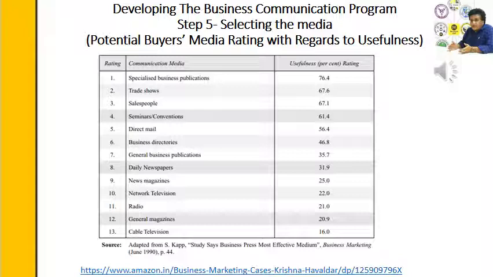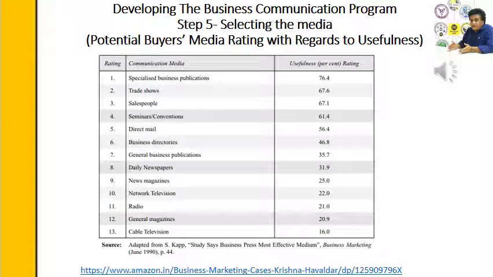It has got 76% rating. Trade shows 67%. Direct mail 56%. Business directories 46%. So we find that there is some difference between what the potential buyers think about various media or promotional tools and what the sellers think.